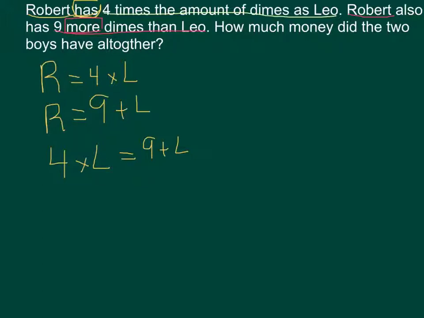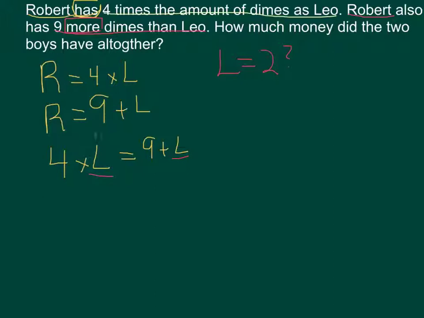So what numbers can we choose that'll tell us what L is? And L has to be the same number on both sides of the equation. So let's try what if L equals 2. Would that work? Would that make those problems a true statement?